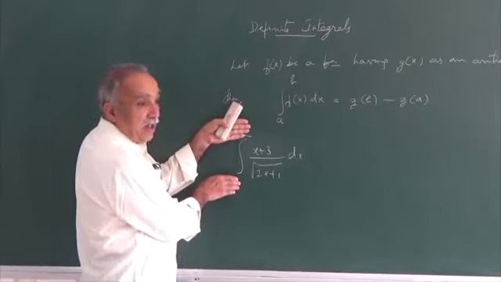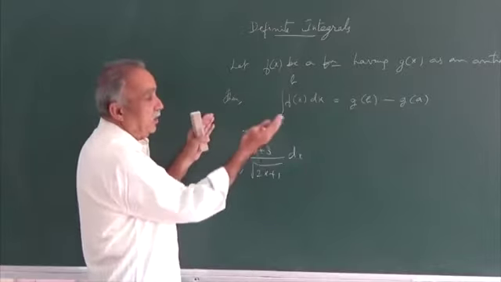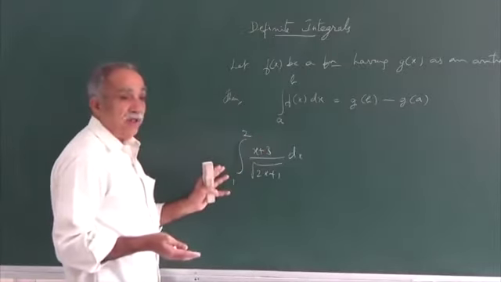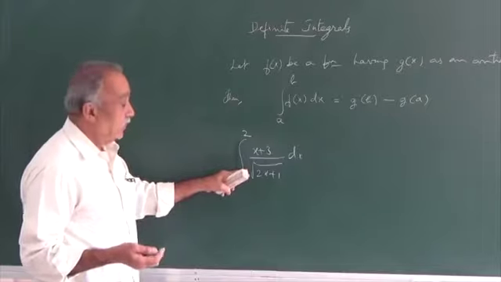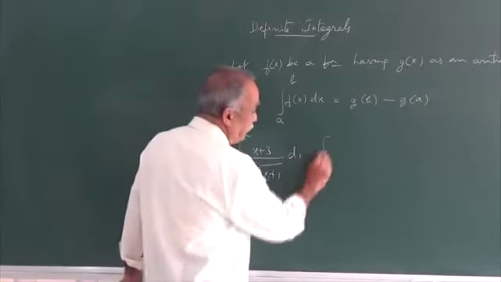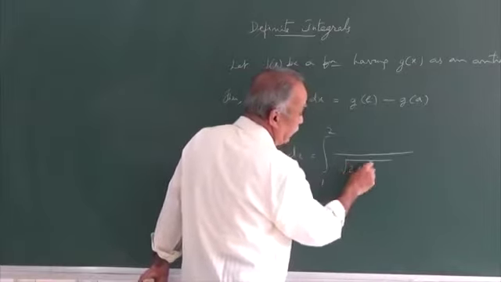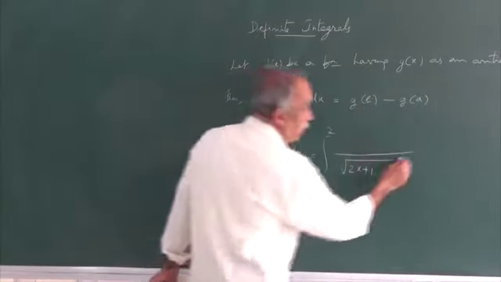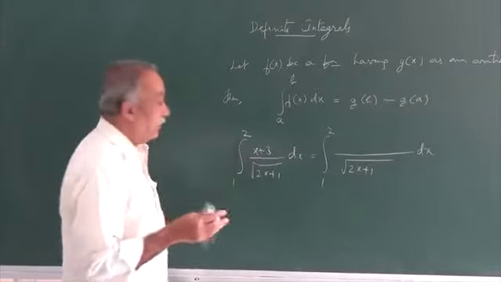After obtaining an antiderivative, we will apply this definition and evaluate the difference, to get the value of the definite integral. How to obtain an antiderivative for the function? We will write the numerator expression in a way that helps us in performing division, bringing the integrand to a simpler form.